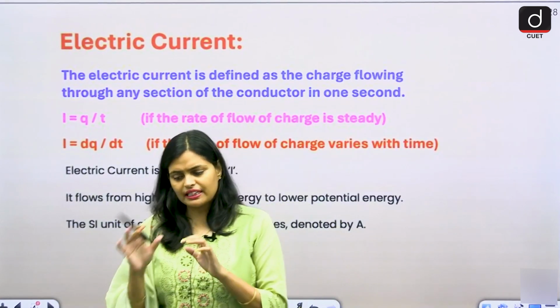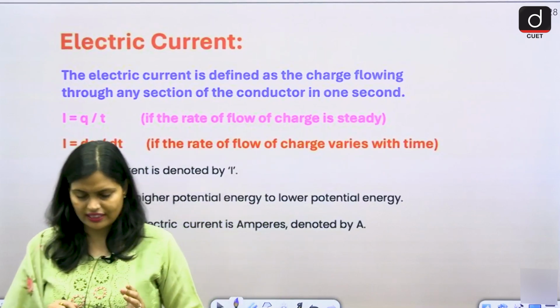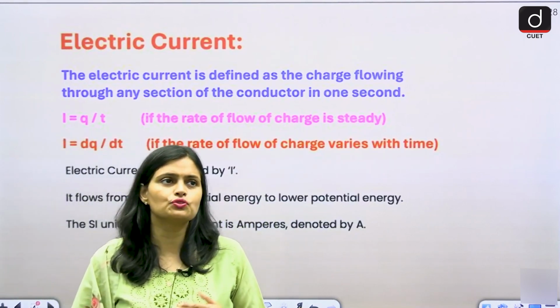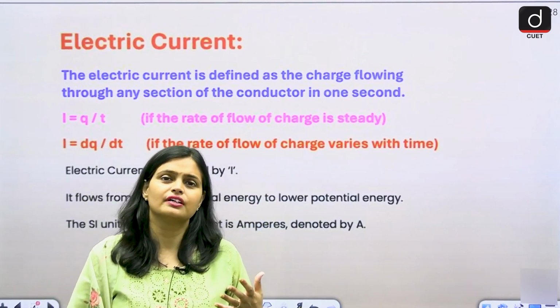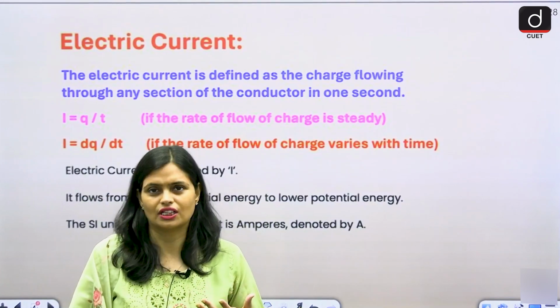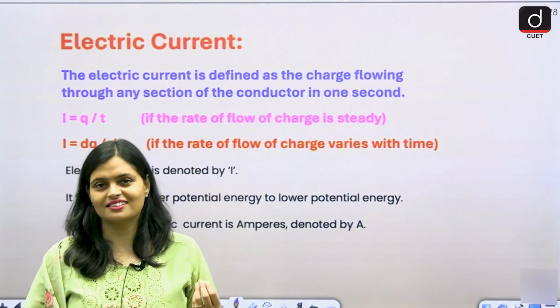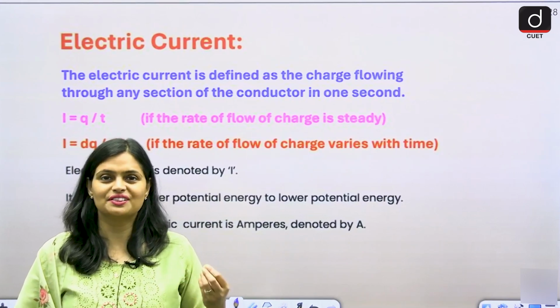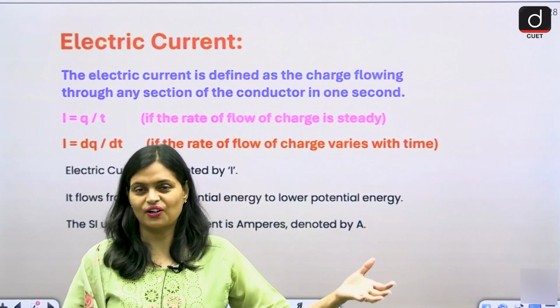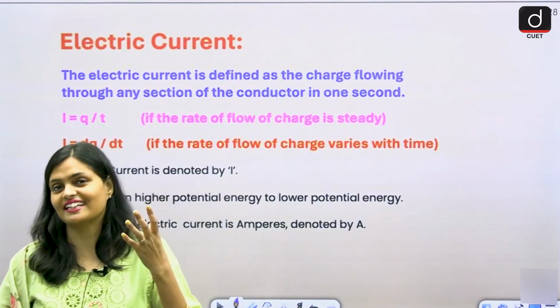Guys, before beginning the concept of current electricity, I just want to give you brief knowledge about charges, because ultimately charges are the ones which create the current, or you can say current electricity.